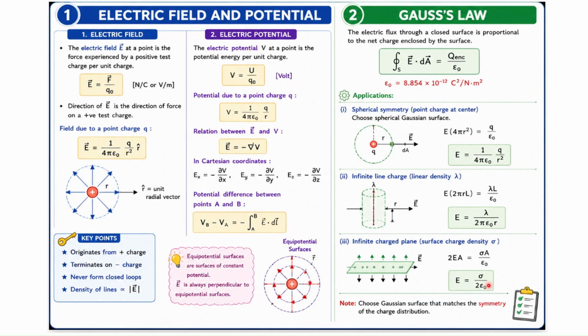Note that you choose a Gaussian surface that matches the symmetry of the charge distribution. To wrap up this lecture, I want you to remember some important points. Number one, use a sphere for spherical charges or point charges. Number two, use a cylinder for lines, wires, or coaxial cables. Number three, use a box or pillbox for flat sheets and plates.